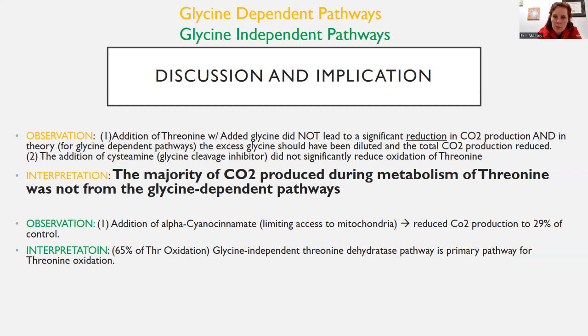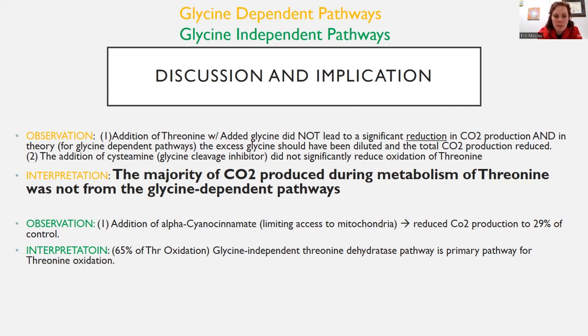So the oxidation was not reduced. Even though glycine was inhibited, it was coming from another pathway, a glucogenic pathway.